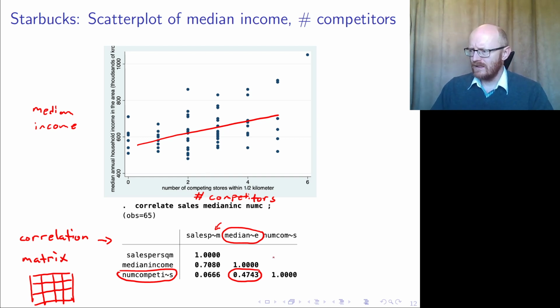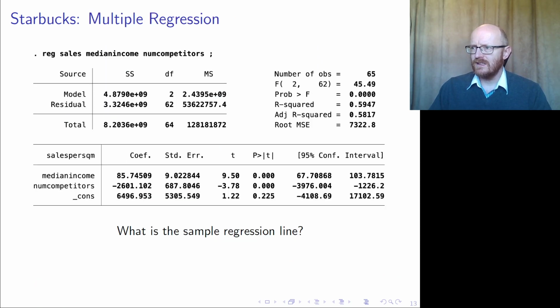So this is just the correlation between median income and the number of competitors. Okay, so what does this have to do with our regression?